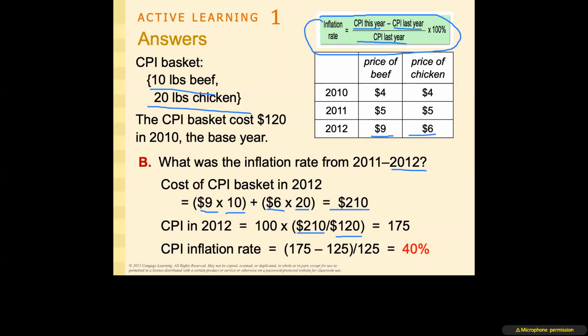Oh yeah, my base year was back in 2010, wasn't it? So I take 2012's basket cost divided by 2010's basket cost, and I get my CPI, which in this case is 175.